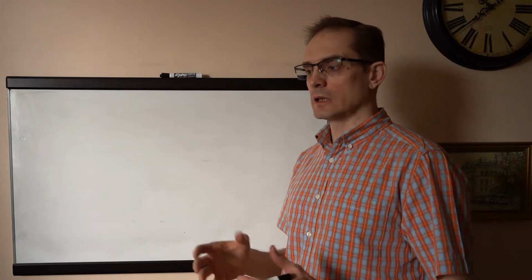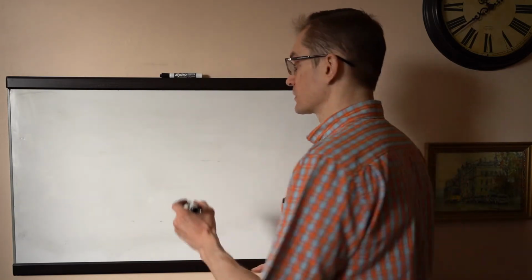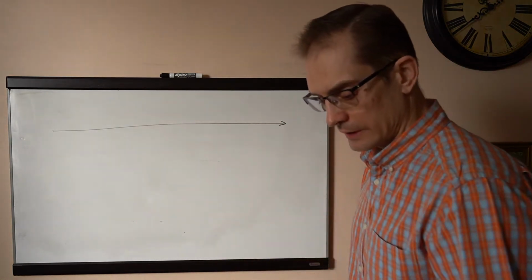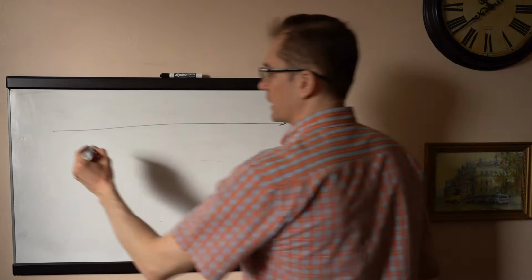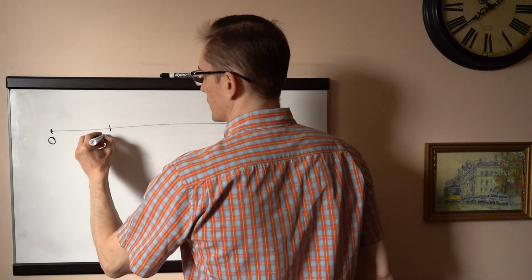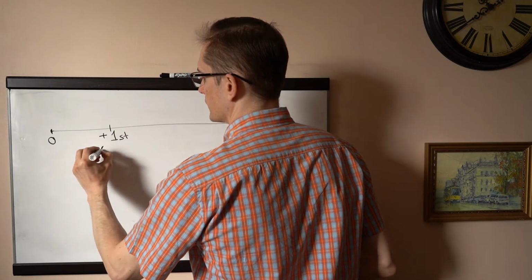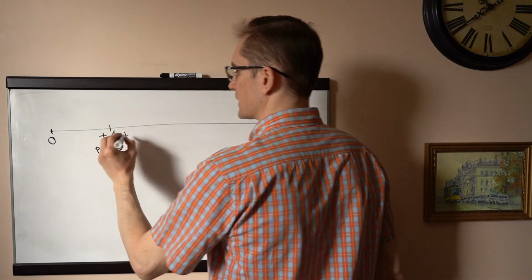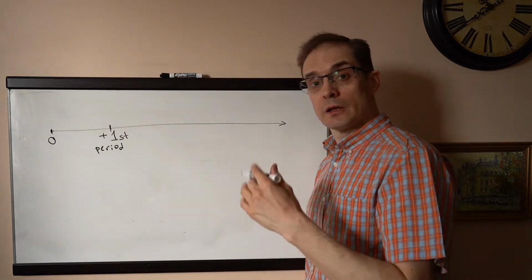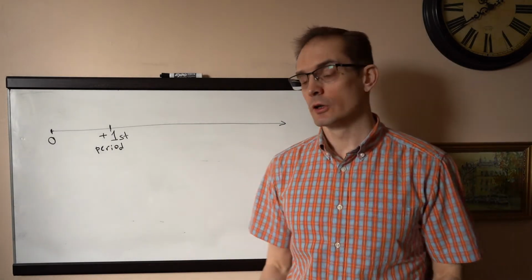Okay, so what is an annuity generally speaking? What kinds of annuities are there? Let's explore that. So we take a timeline. On this timeline, we have time 0, which is today. Let's consider some time into the future, which we'll call plus first period. What that means is that it's one period into the future. It could be 1 month into the future, 1 quarter, 1 year, whatever.